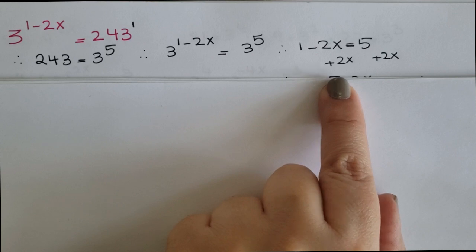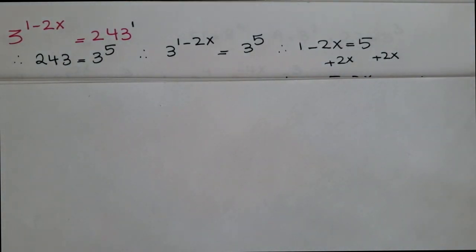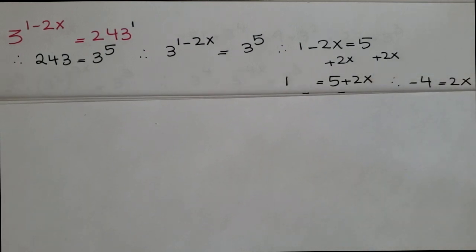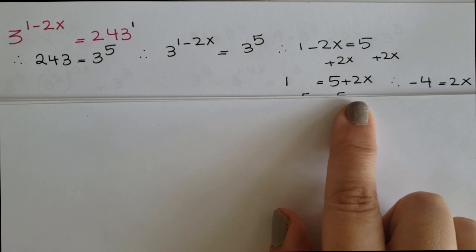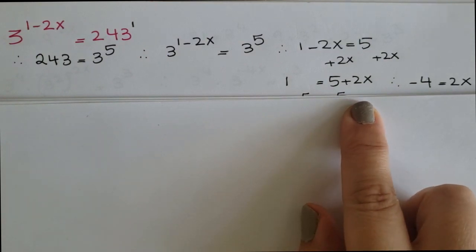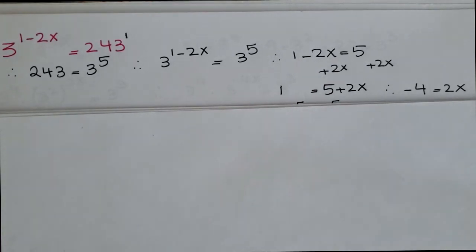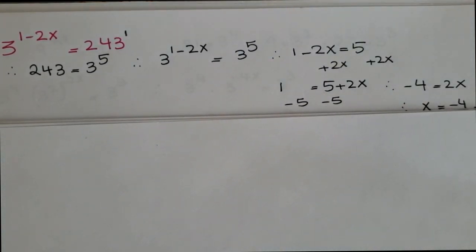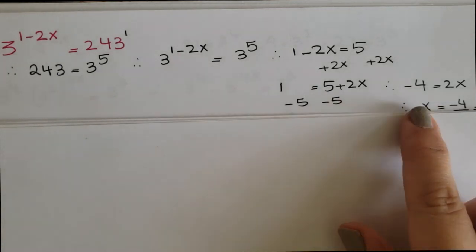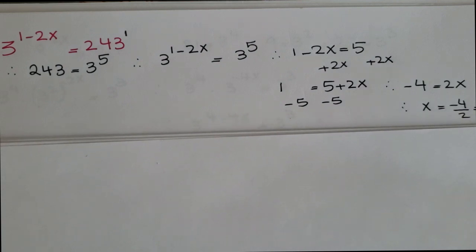In order to solve this linear equation, I add plus 2x to both sides, and it will change into 1 equals 5 plus 2x. And then I will simplify it one more step. I add negative 5 to both sides, and then the answer would be negative 4 equals 2x. So x would be negative 4 divided by 2, which is negative 2.